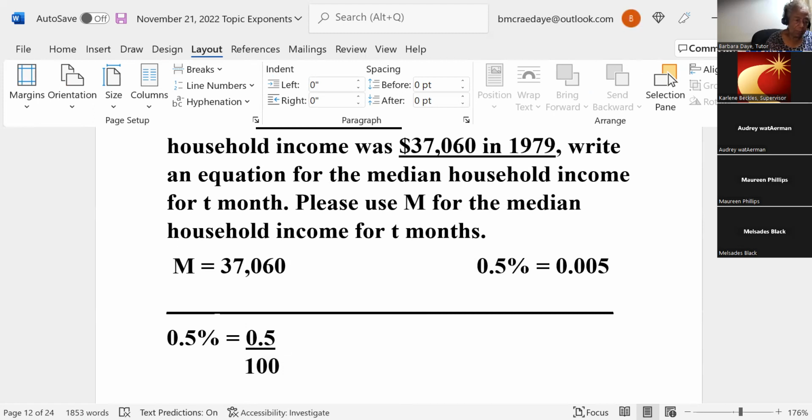If I shift the decimal point one place to the right, what do I get in the numerator? Maureen, you said it to the right. Yeah, it's 0.5. What's that equal to?